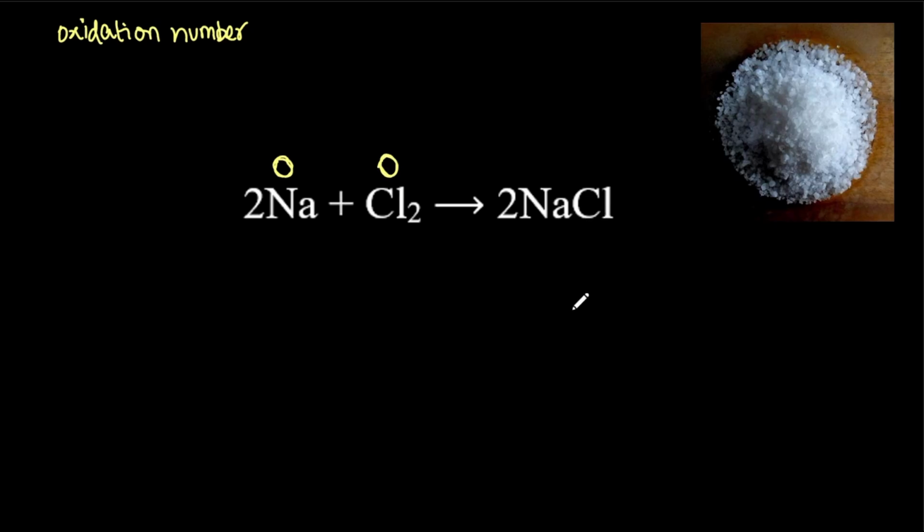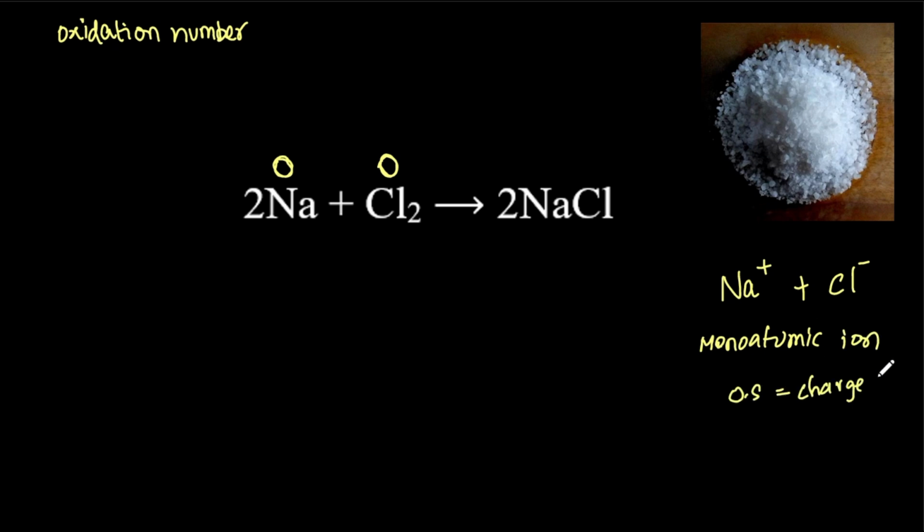Now in the compound sodium chloride, the ions present are Na plus and Cl minus. For a monoatomic ion, the oxidation state must be equal to the charge of the ion. So the charge of sodium is plus, so its oxidation state is plus 1. The charge of chlorine is minus, so its oxidation state is minus 1. Now compare the elements on the reactant side and the product side.